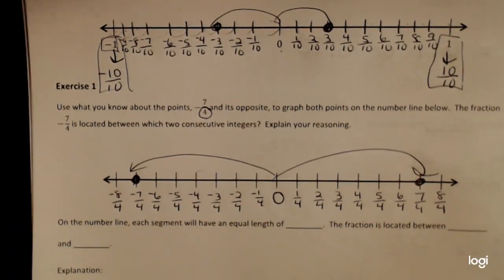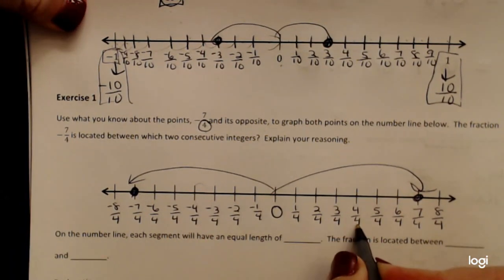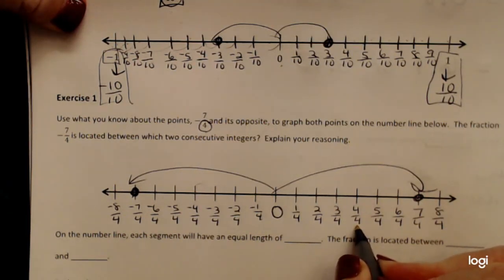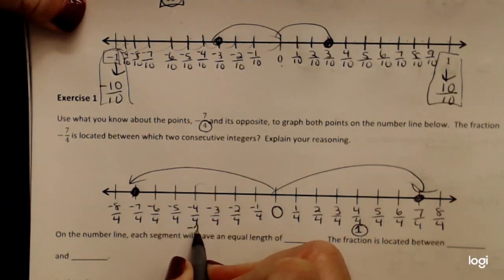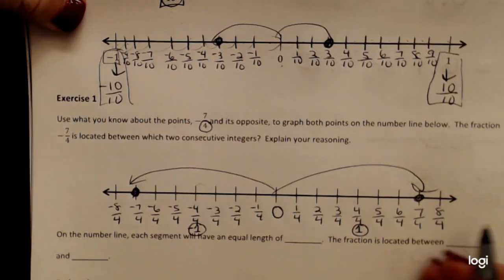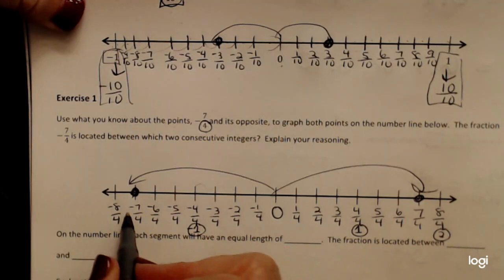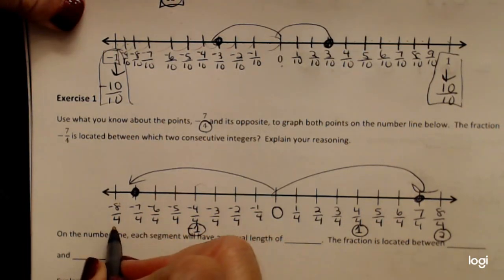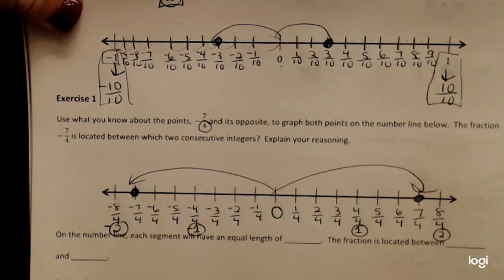Now, some of you may realize that the number 4/4 is the same as the integer 1, which means -4/4 would be considered -1. 8 divided by 4 is actually the integer 2, which means -8 divided by 4 would also be an integer, but it would be -2.